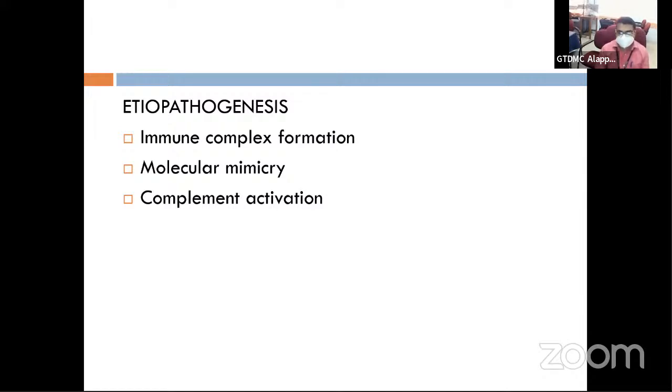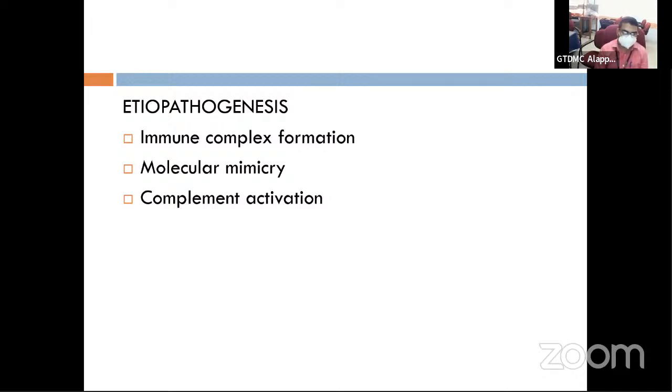Second theory is molecular mimicry, like in rheumatic fever. Circulating antibodies elicited by the streptococcal antigens will react with the normal glomerular antigens. So circulating antibodies that are produced due to the streptococcal antigens will cross-react with the normal glomerular antigen.